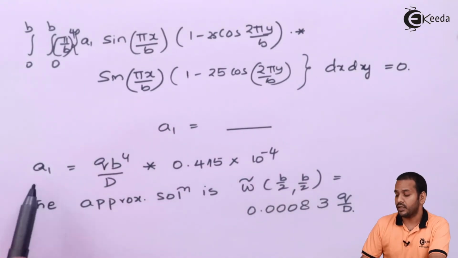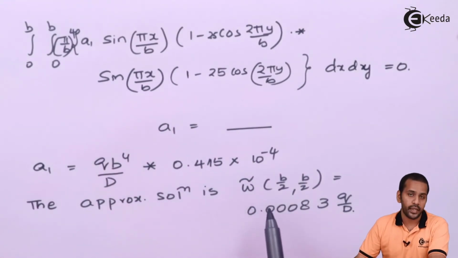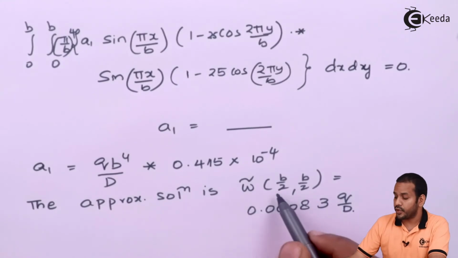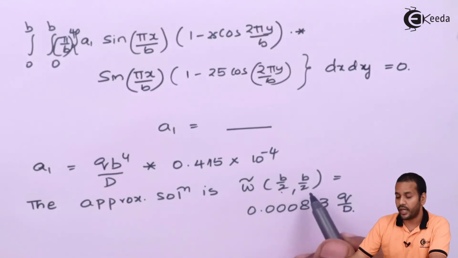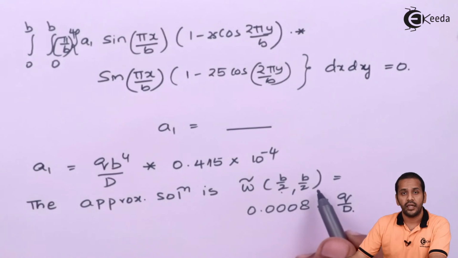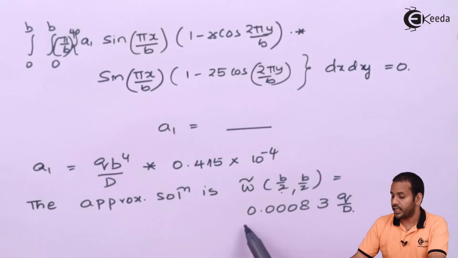Since you got a1, our w tilde is completely known now. Then substitute x equal to b by 2 and y equal to b by 2 in our approximate solution, and you will get the deflection at that particular point. It turns out to be 0.00083 q by D.